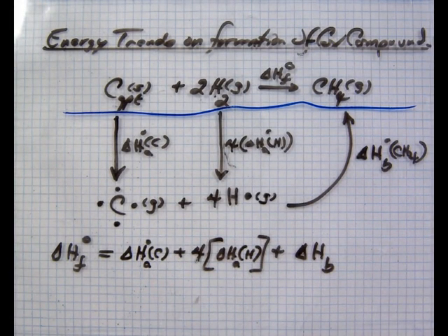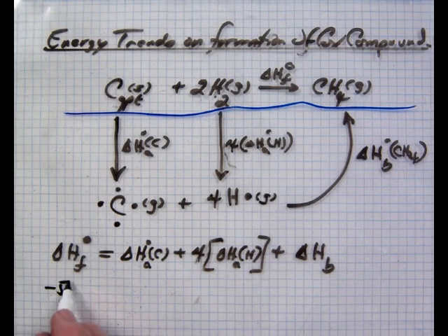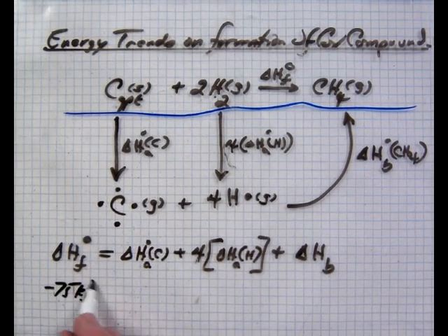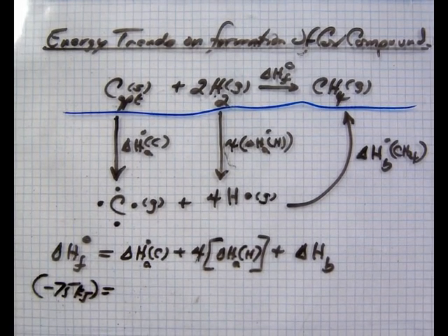So now we simply look up formation. Of course, this would be given on the problem. I've got 3 minutes, I can put all this together for you. Methane is minus 74.87. I'm going to round it up. It's minus 75 kilojoules. Right there.